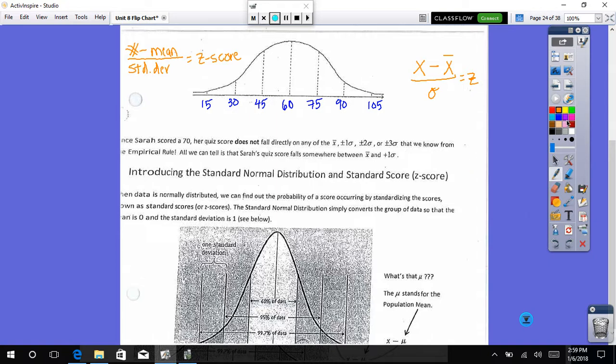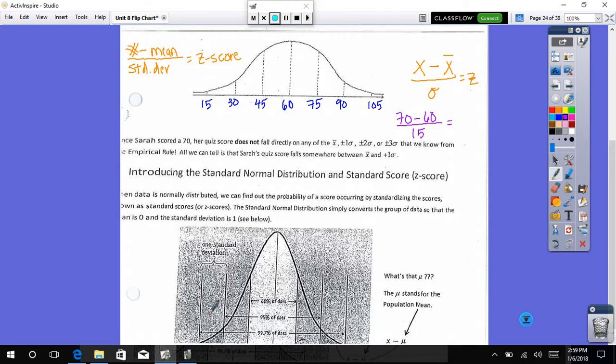So let's use this information real quick just to calculate Sarah's z-score. Let's say that we know that Sarah scored a 70. They told us that the class average was a 60 with a standard deviation of 15.